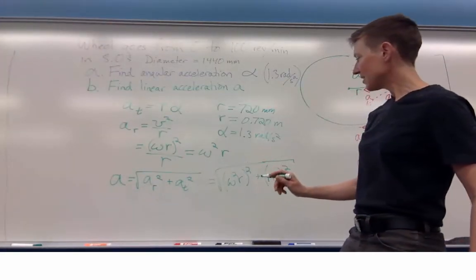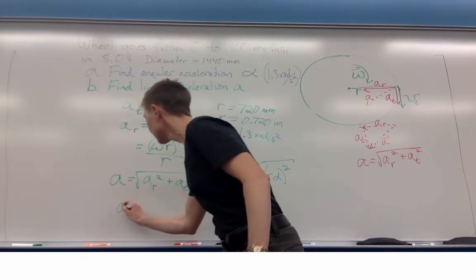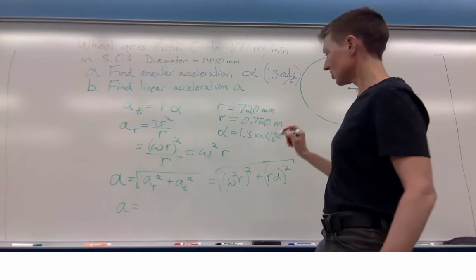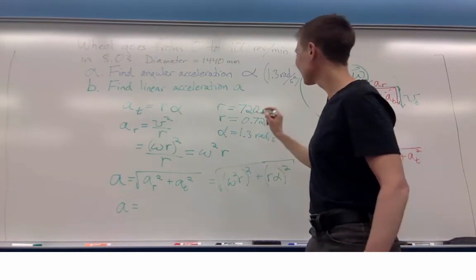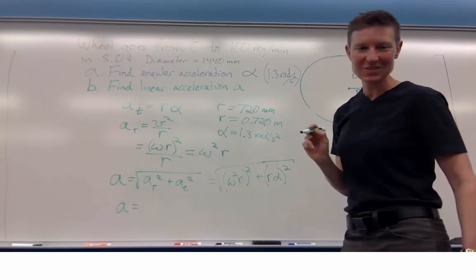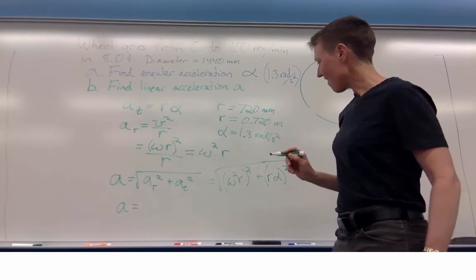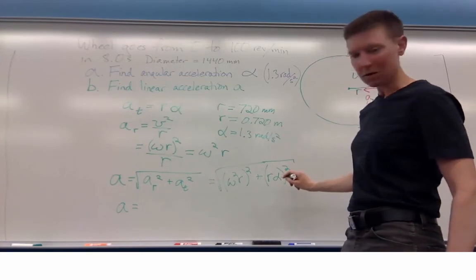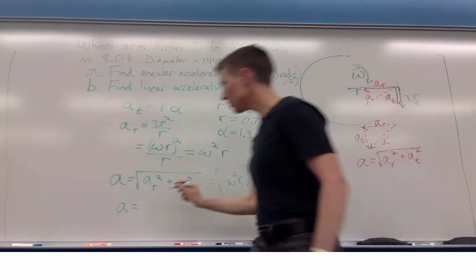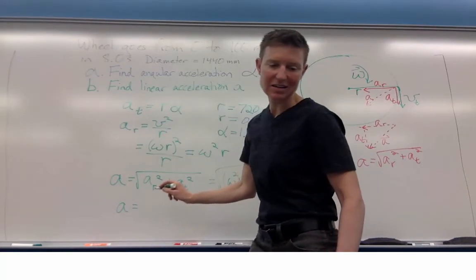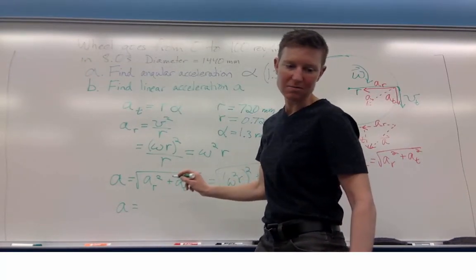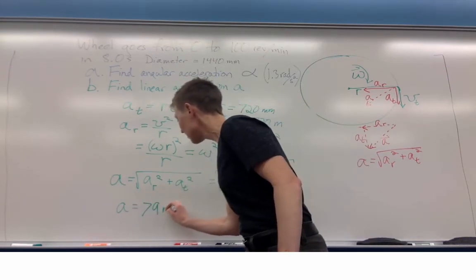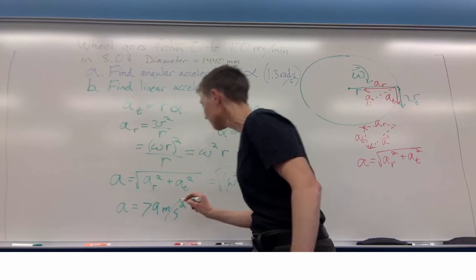And we can plug in numbers for this. We find using omega, which we had on the previous board, 10.5 radians per second, and r, which is 0.72 meters, and alpha, which is 1.3 radians per second squared. Put all that together, and we will find that A equals 79 meters per second squared.